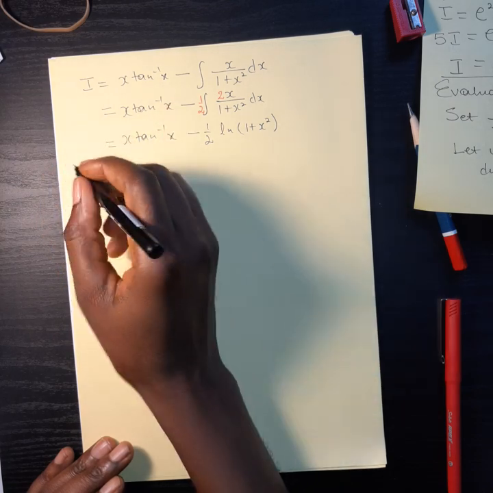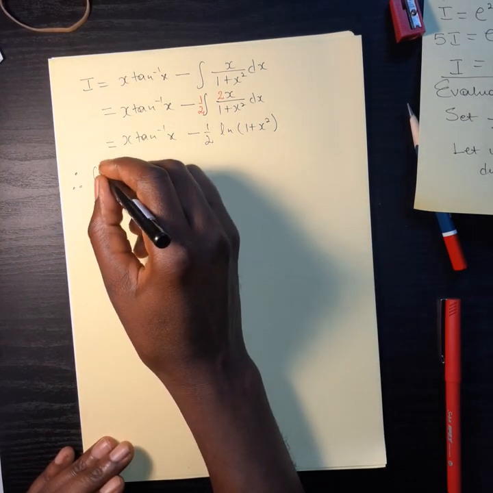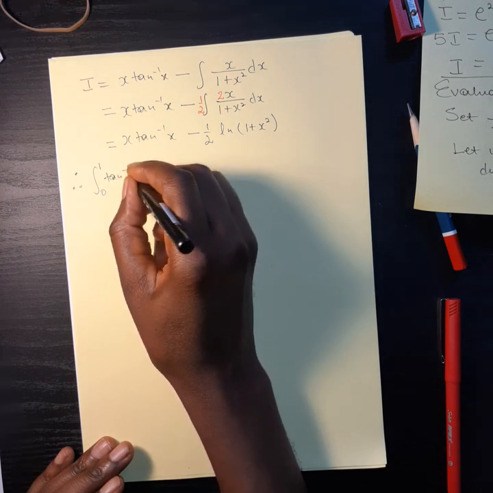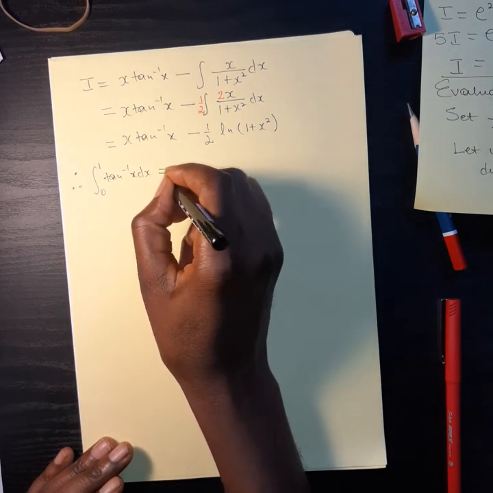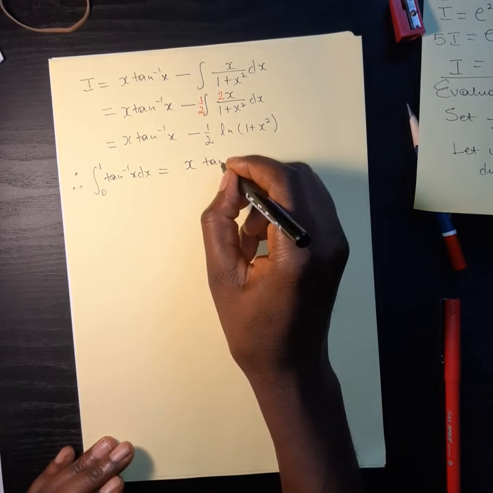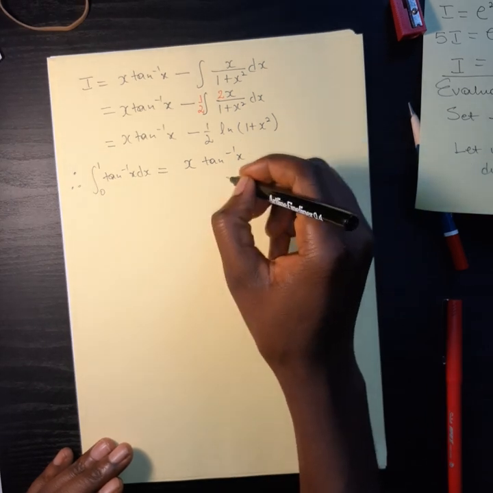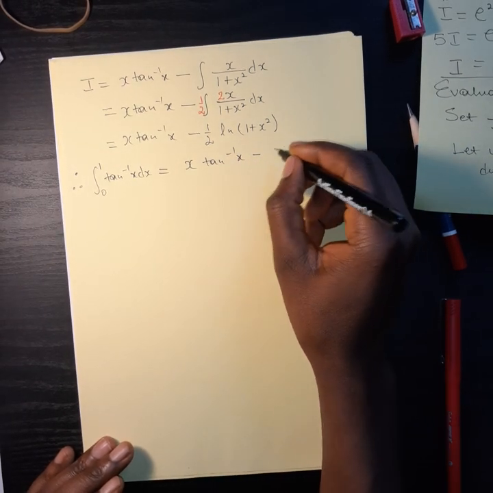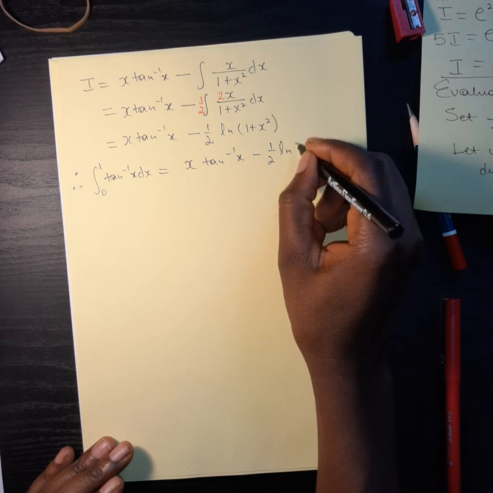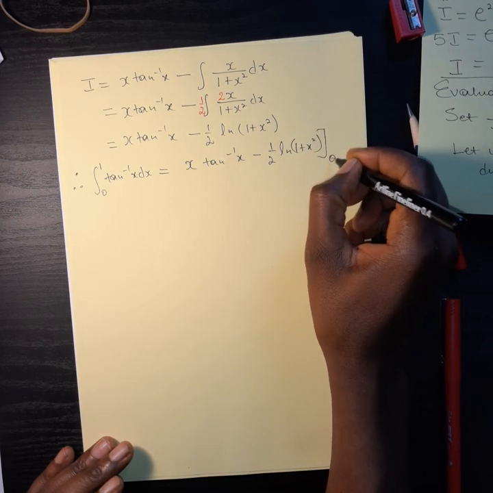This is our I. Therefore, what we started off with, the integral from 0 to 1 arctan of x dx, will be equal to x arctan of x minus 1 over 2, the ln of 1 plus x squared, and then our limits from 0 to 1.